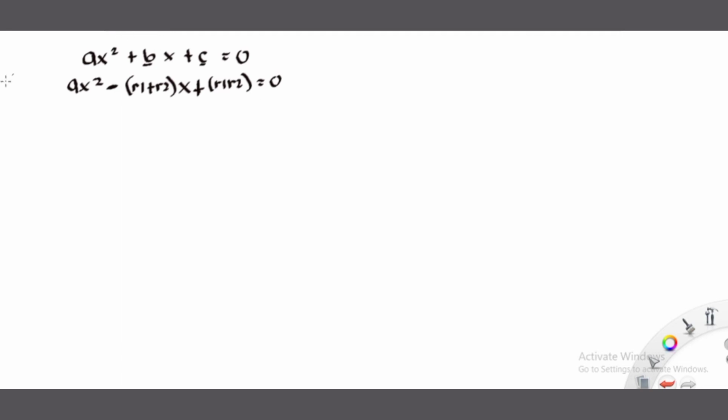Let us have an example. Let's say the sum, or R1 plus R2, the sum of the roots of a quadratic equation is 4. And the product, R1 times R2, is 3.